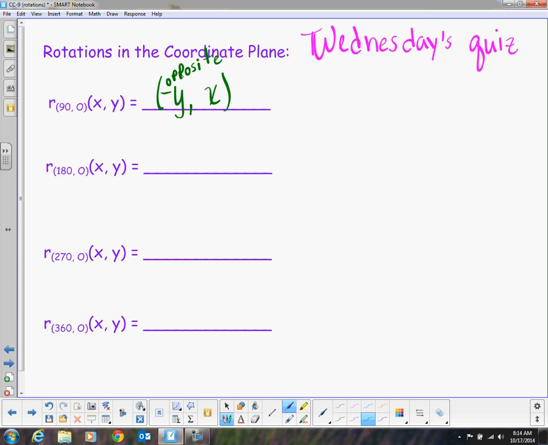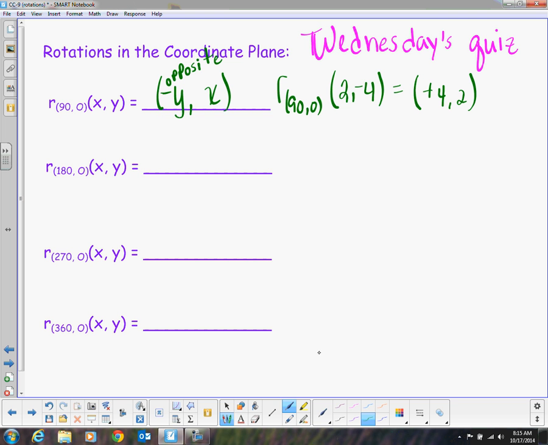So you switch, take the opposite of the first one. That means y becomes x, x becomes y, and you do the opposite. So if I asked you for the rotation of 90 degrees about the origin of the ordered pair (0, -4), you would switch them and take the opposite of the first.